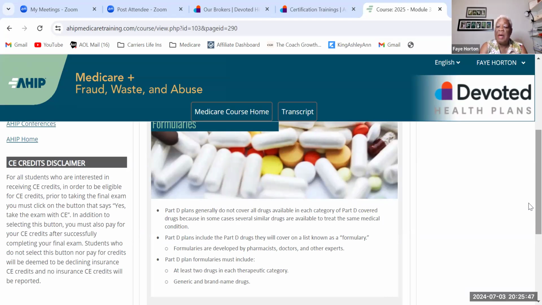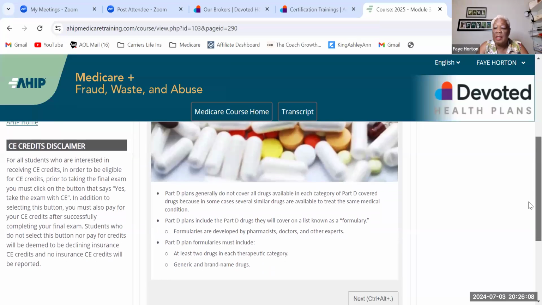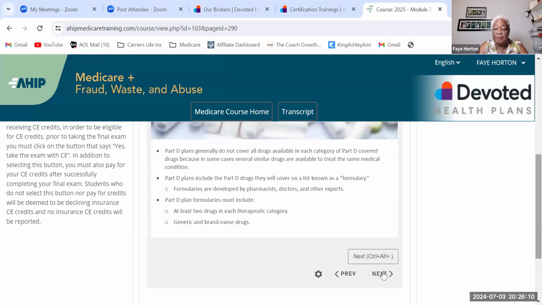Formularies are developed by pharmacists, doctors, and other experts. Part D plan formularies must include at least 2 drugs in each therapeutic category. Generic and brand name drugs must also be included in the formulary.